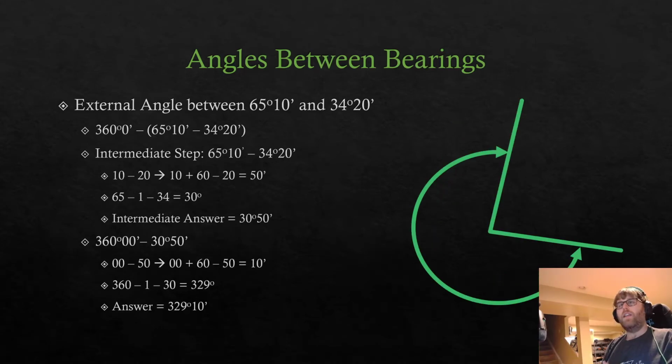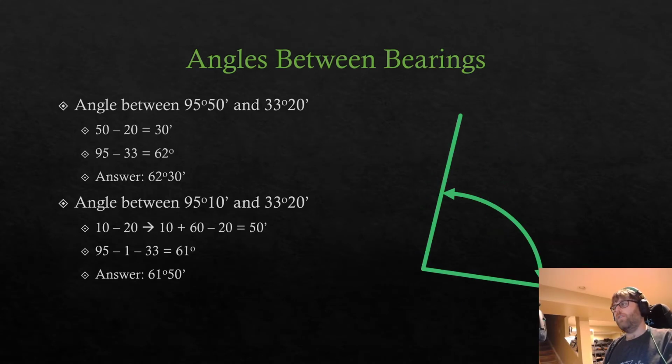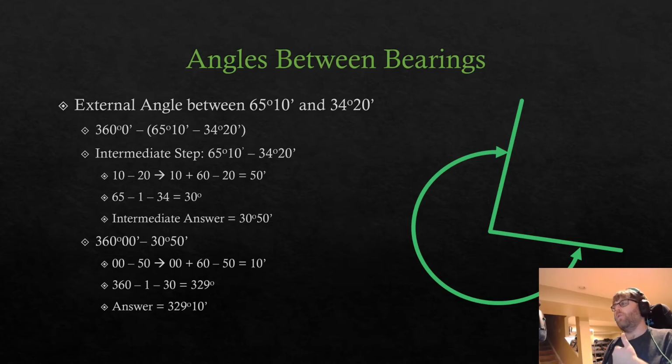If you wanted to calculate the external angle, so this previous one was the internal angle, you're given the two and you want to calculate that angle. If you have to calculate the external angle, you do the exact same process as the previous slide, except then that'll get subtracted from 360 degrees, 0 minutes, since a circle is 360 degrees, and we want the external angle.